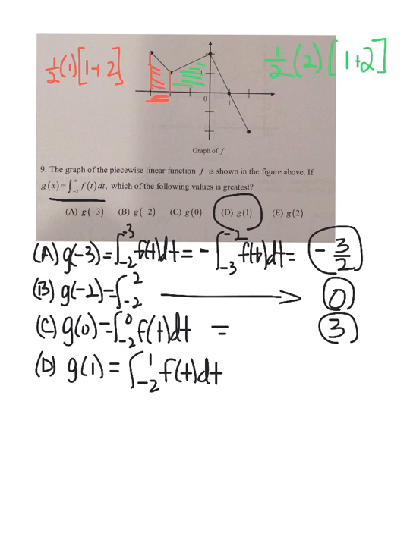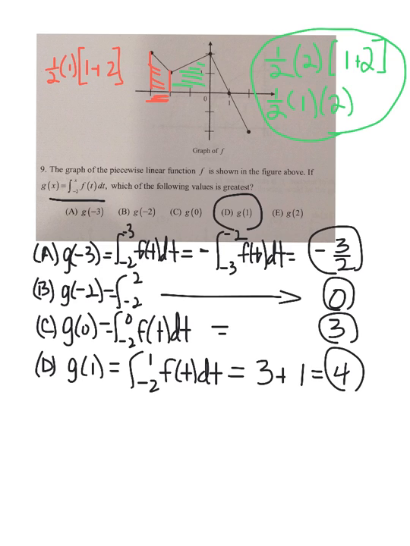The area of that triangle is 1/2 the base, which is 1, times the height, which is 2. Then I would be adding these two together to get my answer for choice D. I know that the area of the trapezoid was 3, that was the answer for part C, plus the area of that triangle, which is 1. So the final answer is 4.